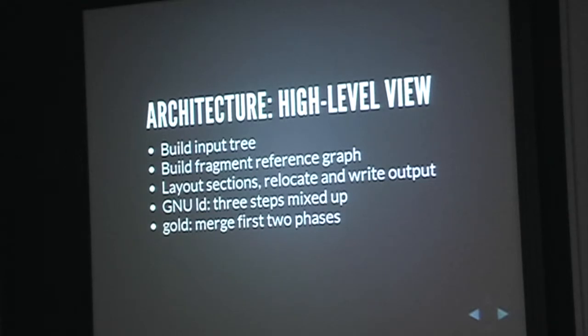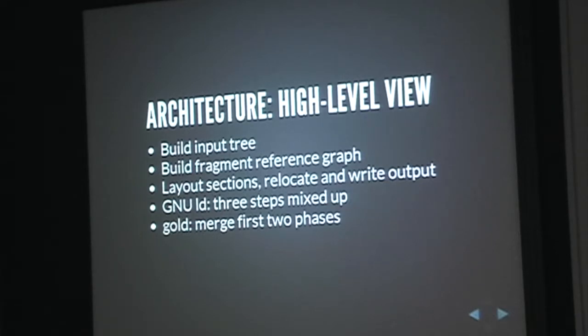What's interesting here is that the new LD doesn't have any clear design like this. Basically, it's doing all these three operations kind of in a tight loop, adding things as it needs to.